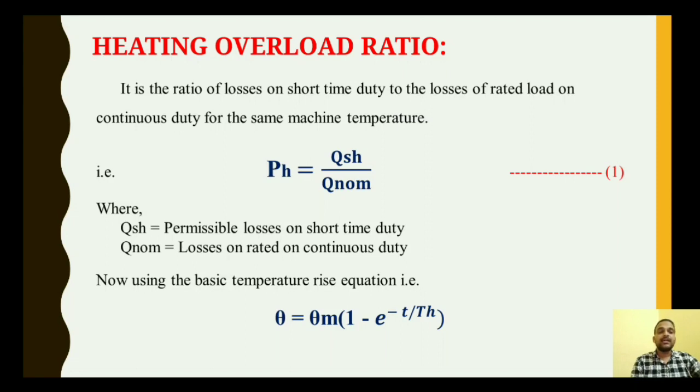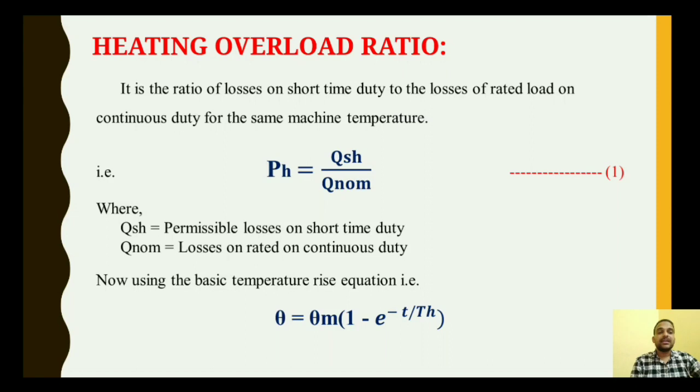Beyond that, the temperature of the machine does not rise. Here t is the time for which the machine is running, and Th is the heating time constant, as we have seen previously.